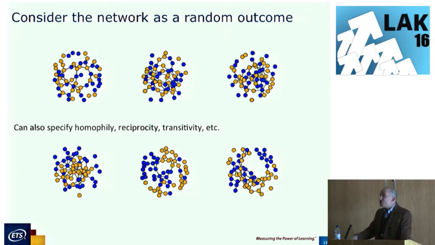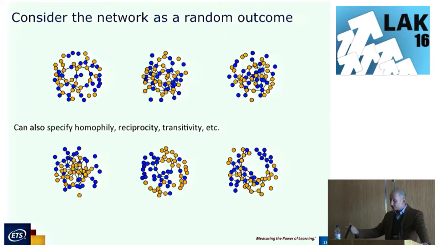Here are, again, generated networks, but in the ones on top, there's a preference to form connections with someone who's different from you. In this case, the blue nodes are more likely to be connected to the gold-colored nodes, whereas in the lower 3, there's a tendency to form connections with people who are like you in some way.